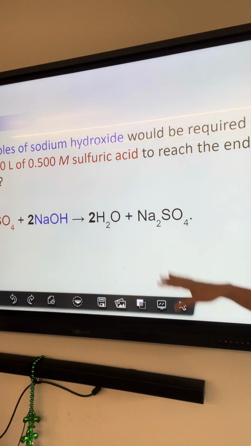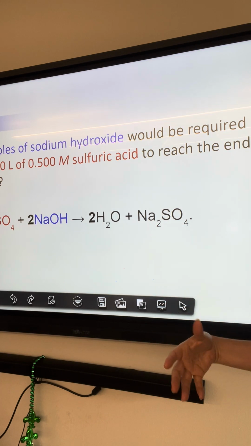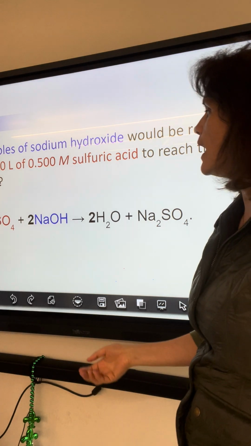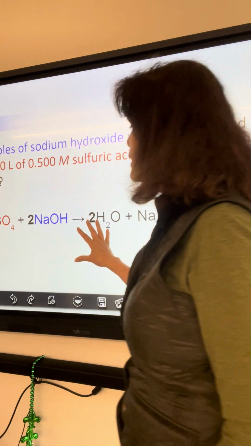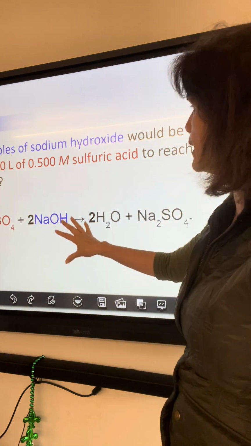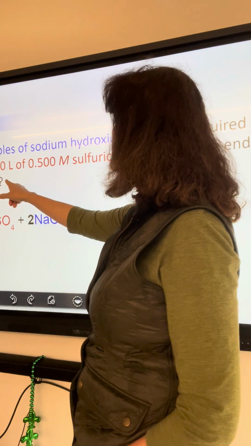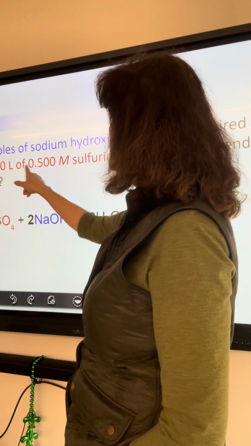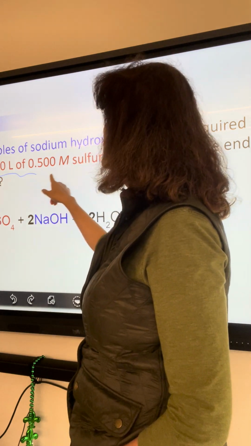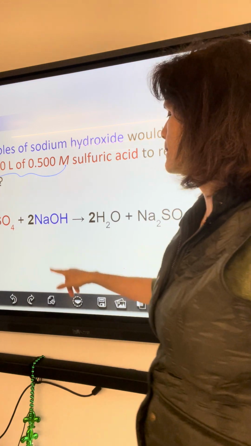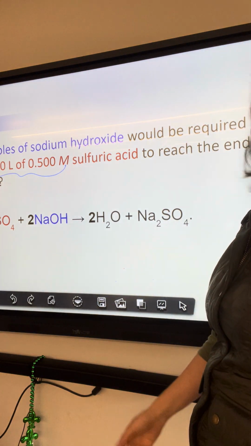Okay, so can you do this in your head, just to see if we are understanding? This is your equation for sulfuric acid and sodium hydroxide. You have 1 liter, 0.5 molar. How many moles do you have? 0.5 moles, right?